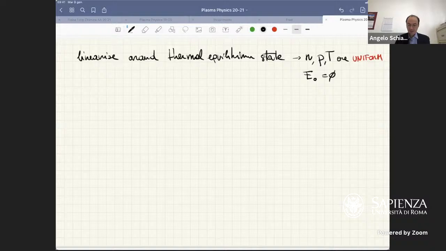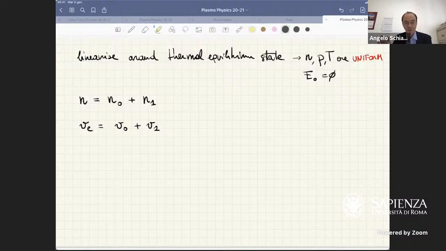So let's see how this comes along. We have the density. The number density is going to be an equilibrium density, which is uniform, plus a small perturbation. Then the velocity of the electrons is going to be perturbed around an equilibrium state, and in thermal equilibrium we do not have macroscopic motion of the species, so the equilibrium velocity of the electrons is zero.